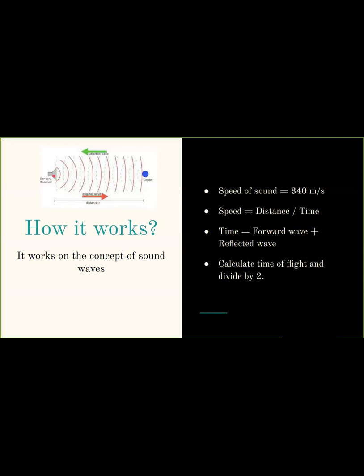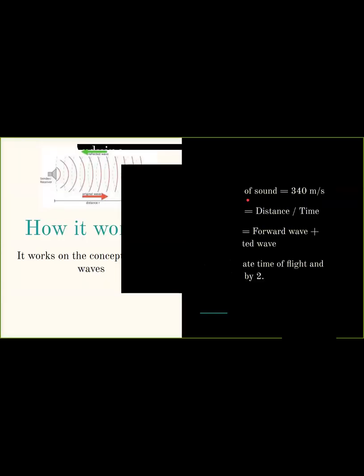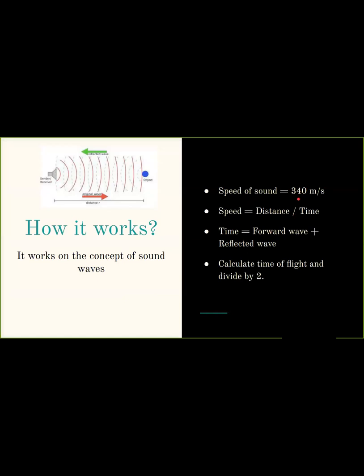So we know that the distance my sound wave is traveling is 2r. Now I know the speed of sound, don't I? It is 340 meters per second. Now I know speed, and I can calculate the time.